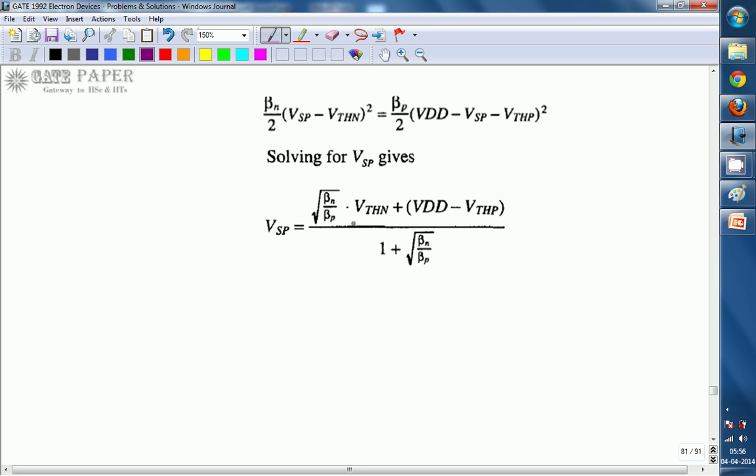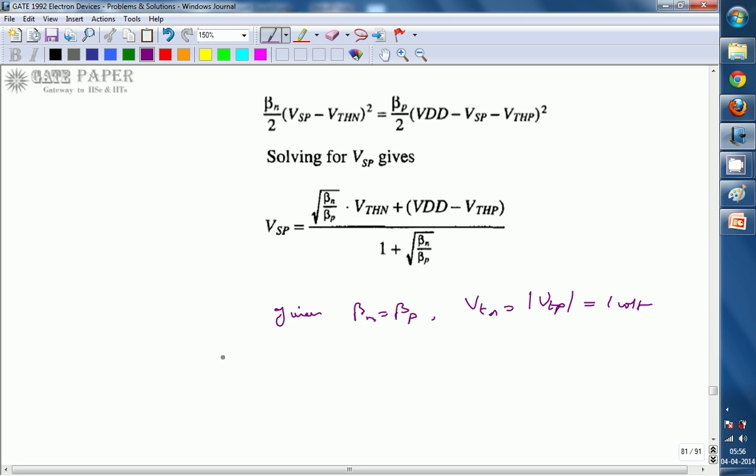And for this, the given values are beta n equal to beta p, and VTN equal to magnitude of VTP equal to 1 volt.